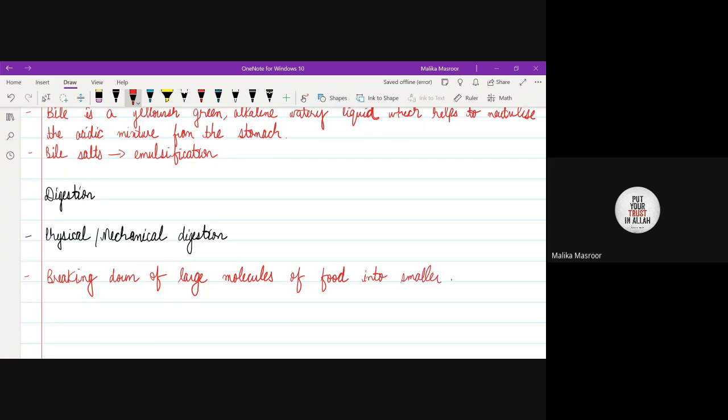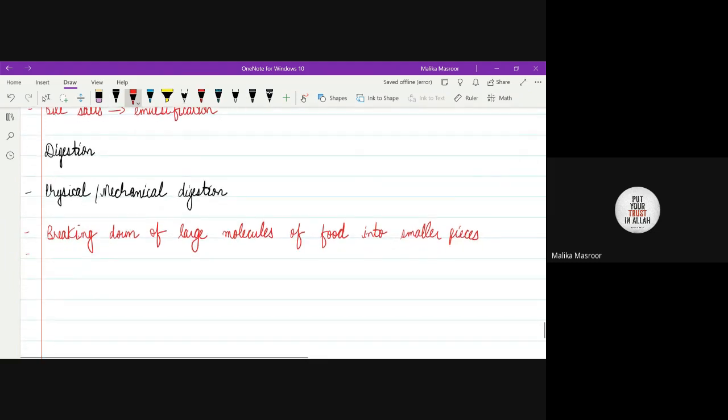It is done by teeth and the churning movement of the stomach. These are two examples of your mechanical or physical digestion.